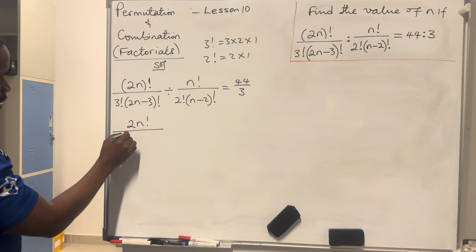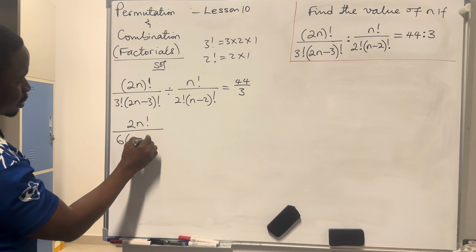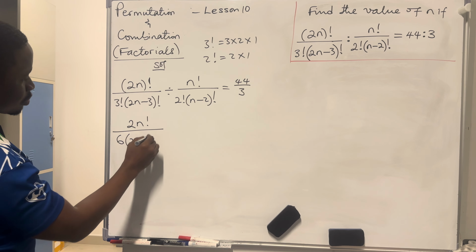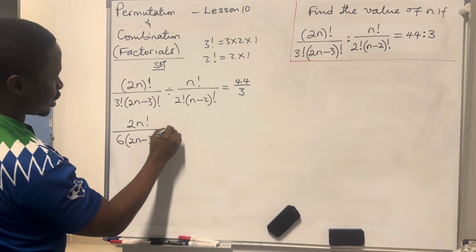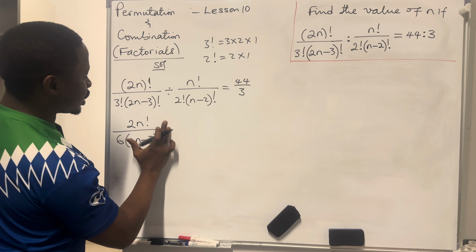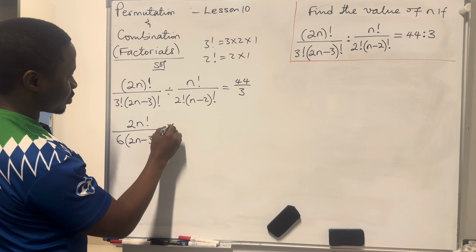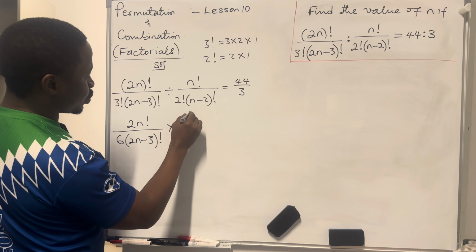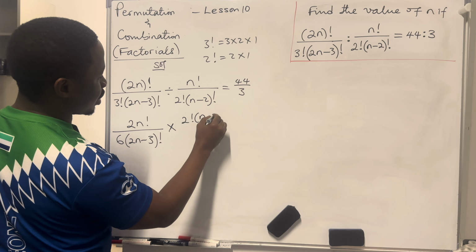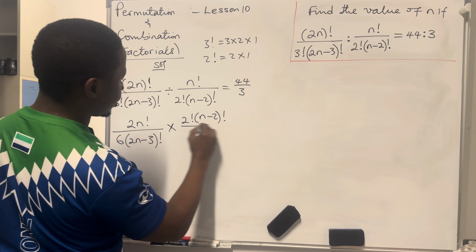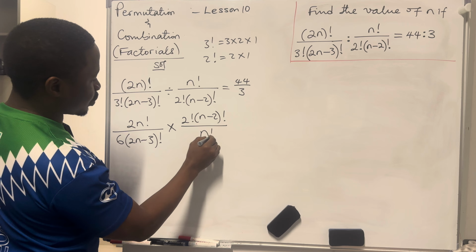So we say 6 into 2n minus 3 factorial. Then we change this one to multiplication and we consider the inverse. So we say 2 factorial into n minus 2 factorial over n factorial.